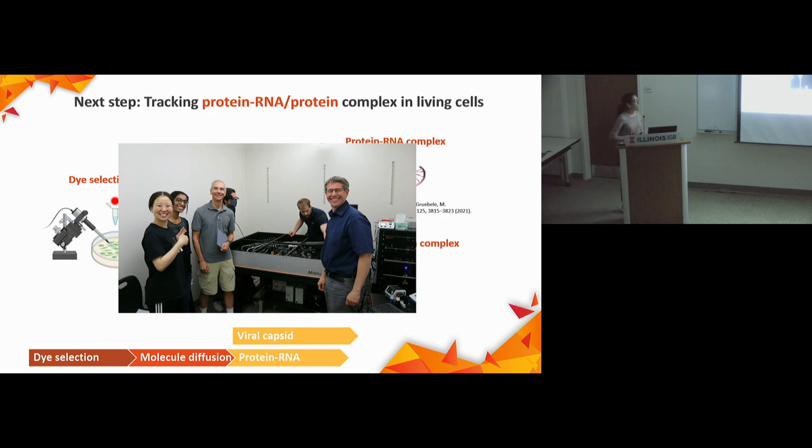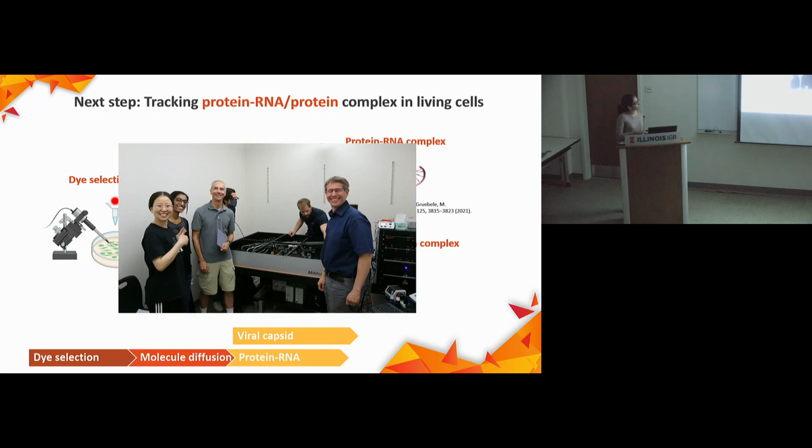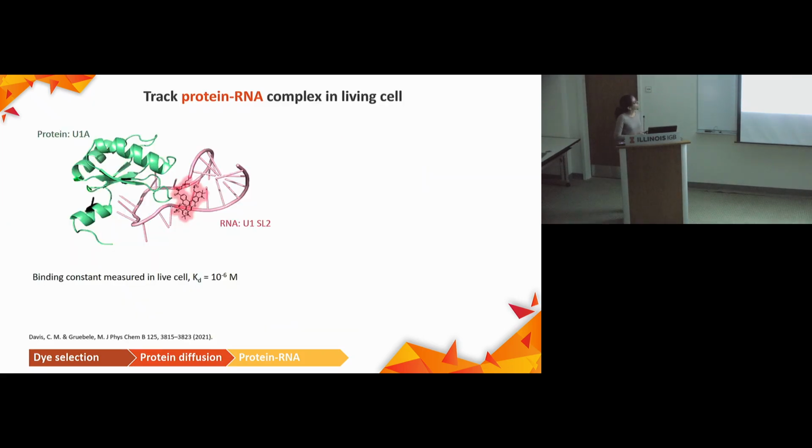Thanks, Yuhan. Hi, everyone. So I'll take it over from here. As she was describing, I'll introduce you to the 2 systems or complexes of proteins that we're eventually interested in looking at using MINFLUX. The first one is a protein-RNA complex.